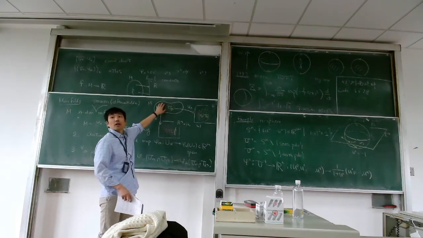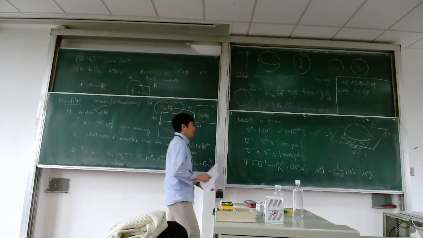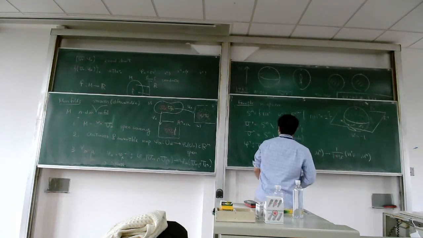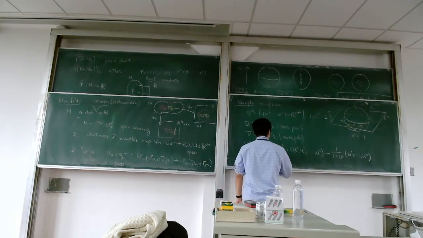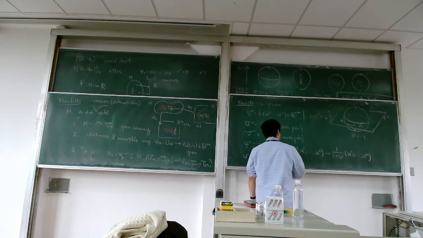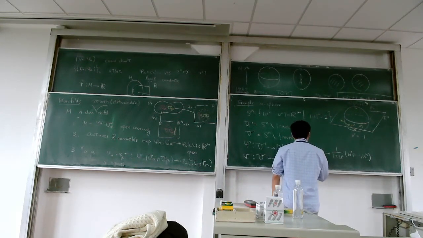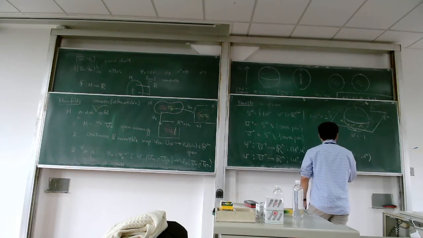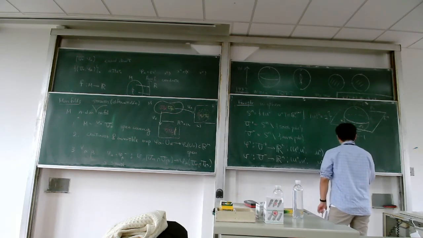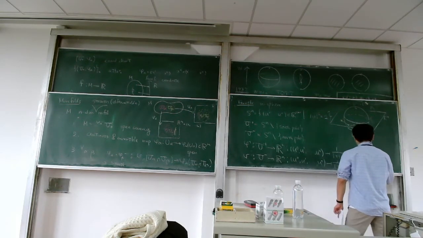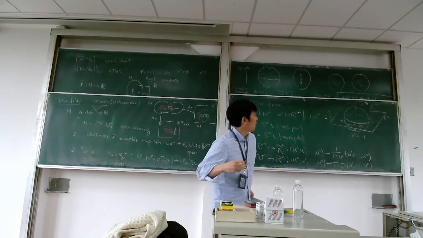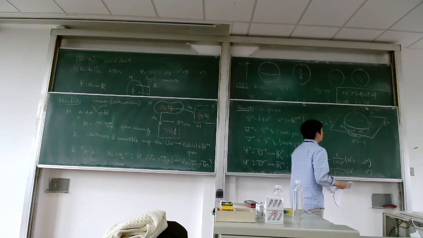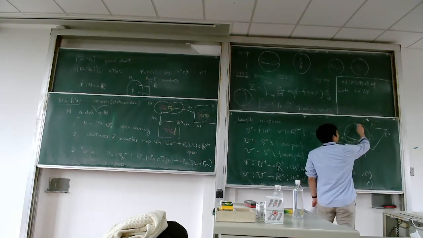this red part. Another map is phi minus, from U minus to Rn. It's a similar map, but now you just connect the North Pole to this point.